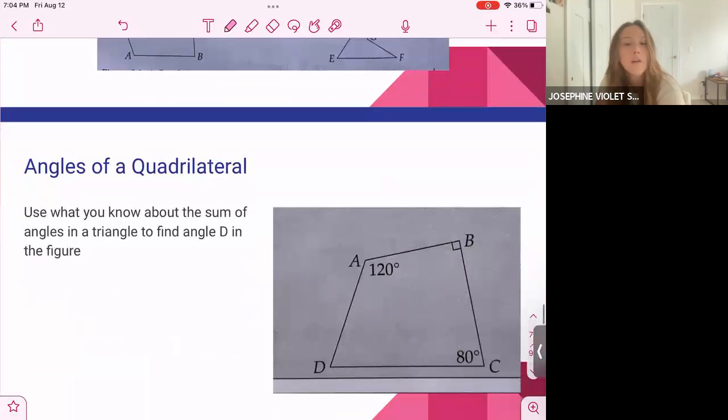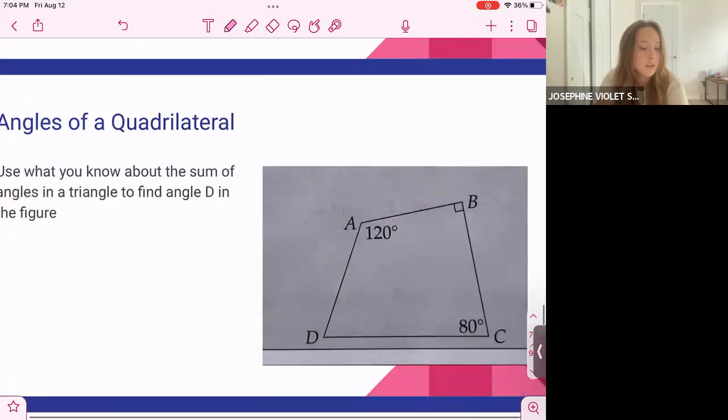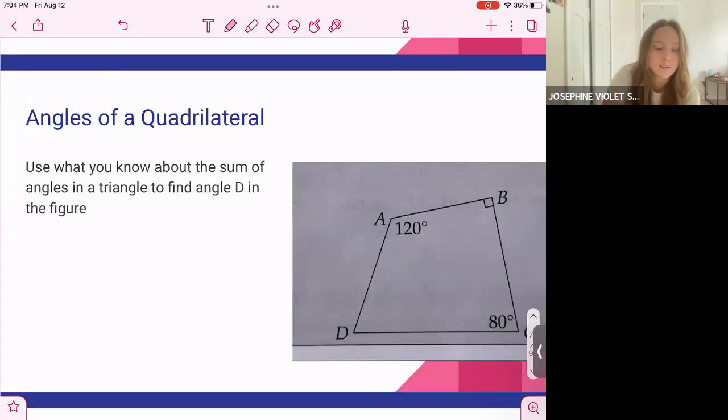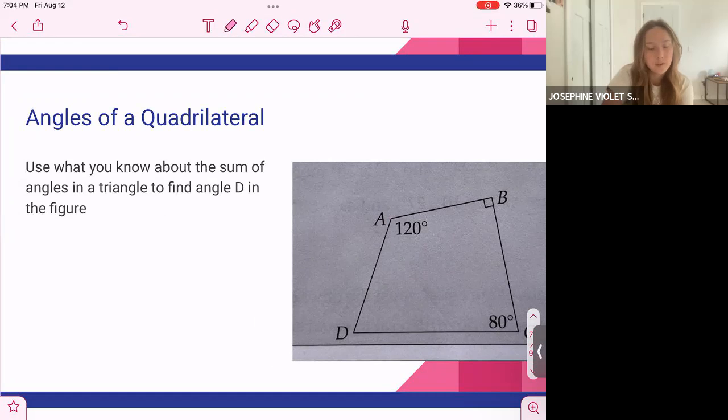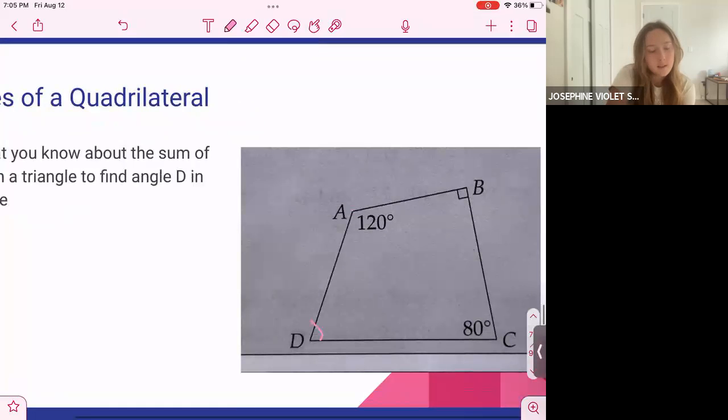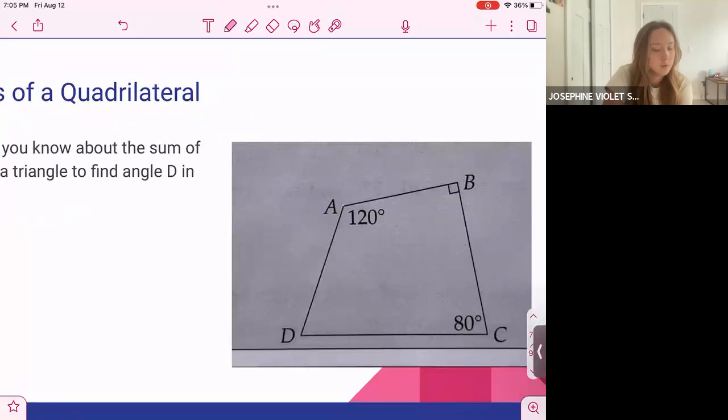Okay, so real quick, we can figure out how many degrees are in a quadrilateral by using what we know about triangles. You can all tell me how many degrees are in a triangle. There's 180. So with this shape on the right, we're going to figure out the total using a little triangle action. Here's a strategy.